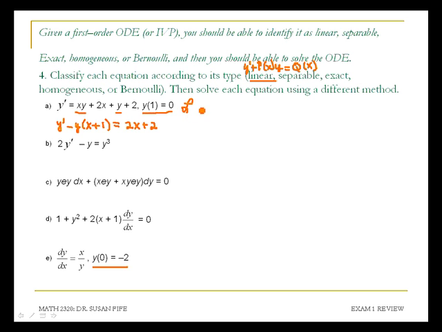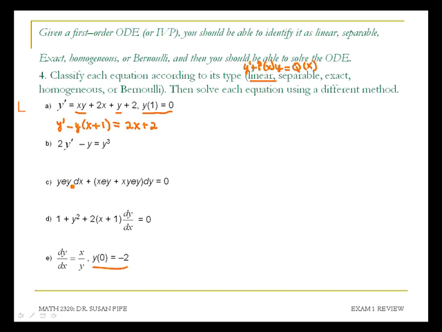Let me just mark it off to the side that A is linear. I'll just put an L to stand for linear. Okay, on the second equation, it's not linear because we have this y to the third term. Remember that to be linear, all of our y terms have to be linear.